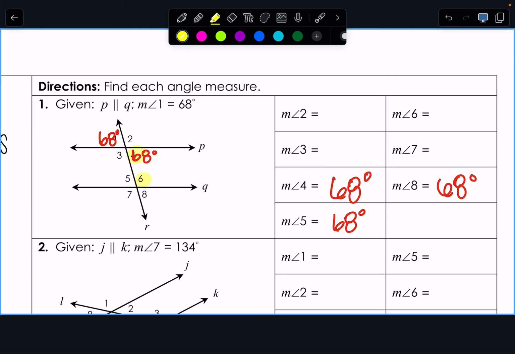Supplementary. So we know that angle 6 plus angle 4 needs to equal 180. So if we take 180 minus 68, what do we get? 112. So angle 6 is 112.